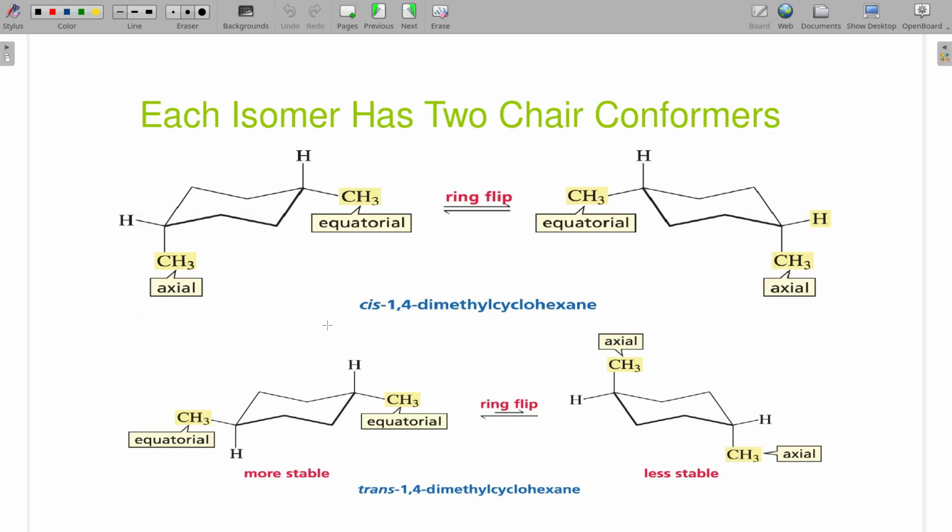When that ring flip happens, we go from axial to equatorial and axial. These guys are equivalent. But on the trans one, equatorial and equatorial becomes axial and axial. We don't like axial and axial, so this ring flip favors the more stable chair.